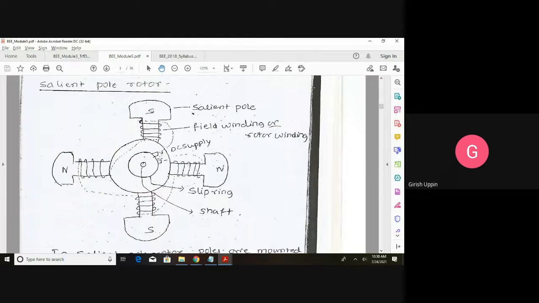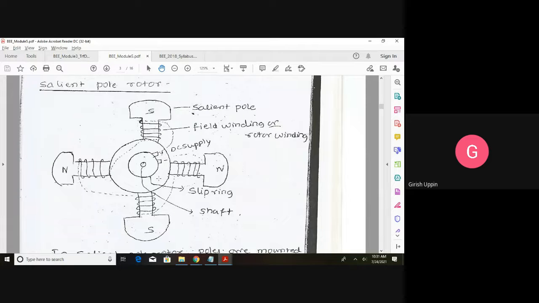When we give the DC supply, because this is going to be rotated, what is a generator? A generator is nothing but a machine which converts mechanical energy into electrical energy. So using that mechanical energy we are going to rotate this. For example, in a hydroelectric power plant, we use the water force to rotate the turbines.